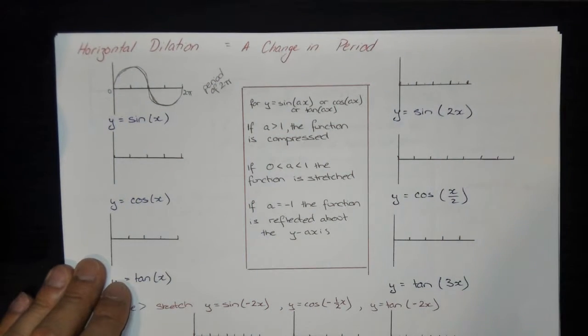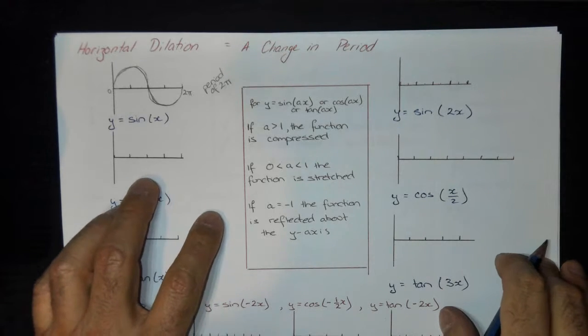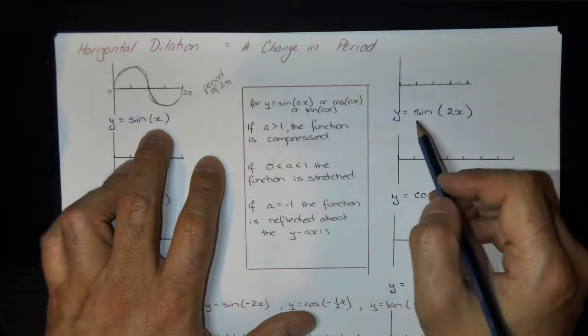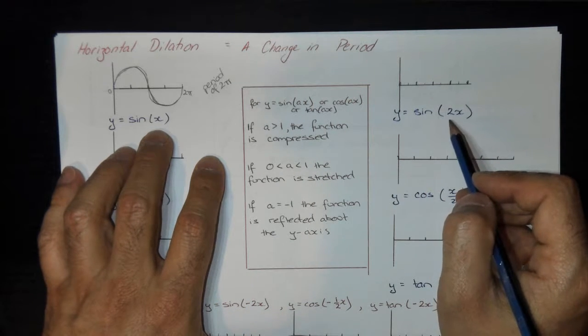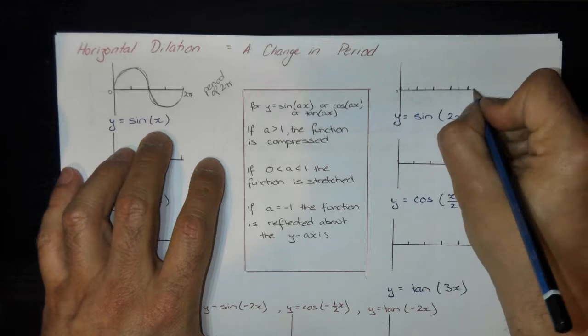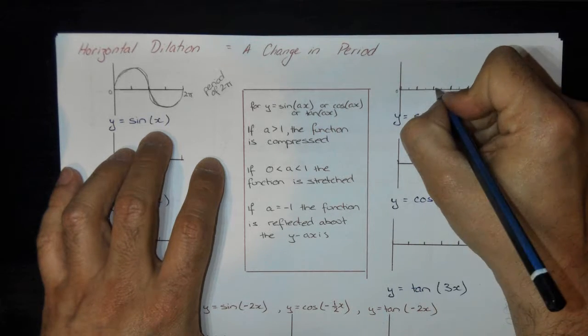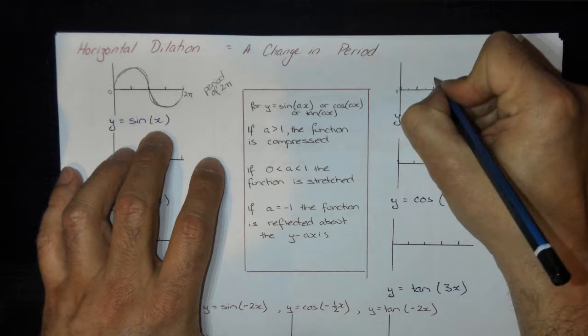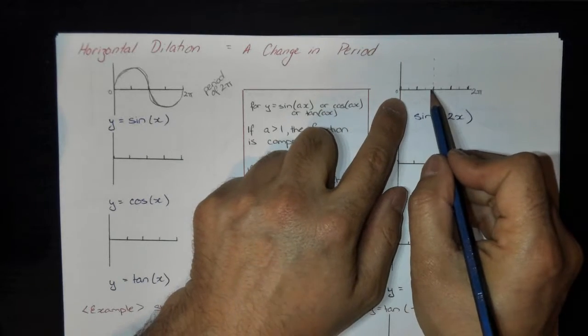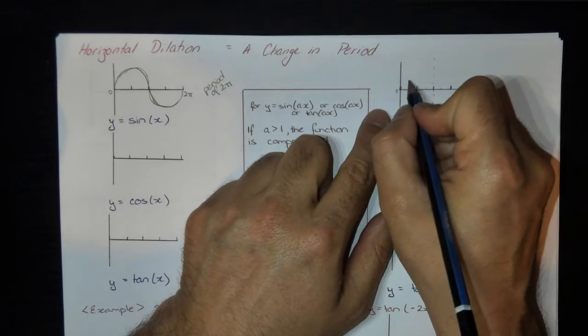And so what happens is, if x has a period of 2 pi, sine of 2x means that the period between 0 and 2 pi happens twice. So it's a scale factor of a half. So between this half, I have to have the S shape happening.